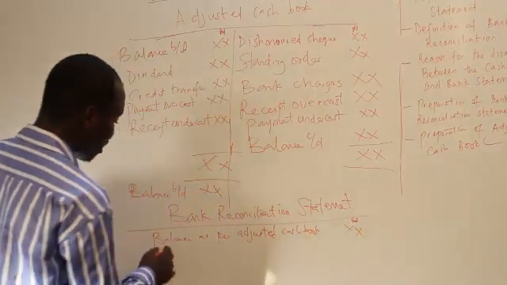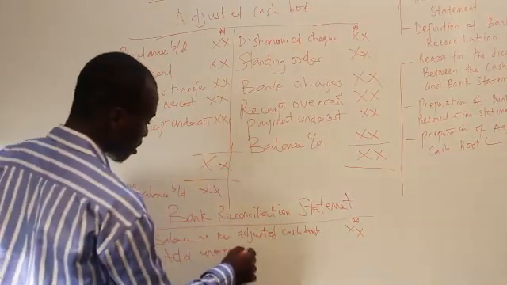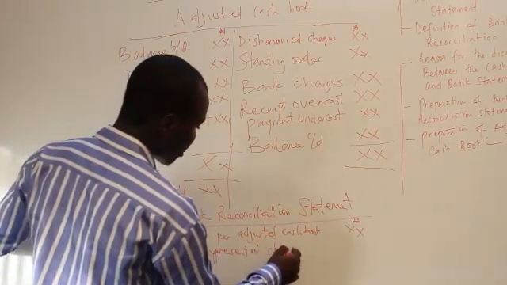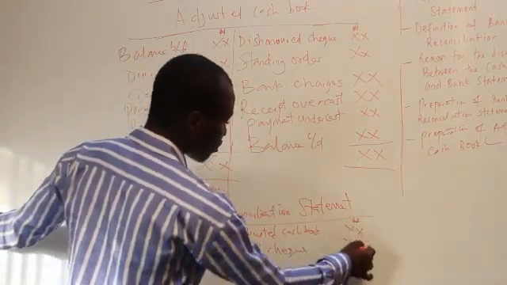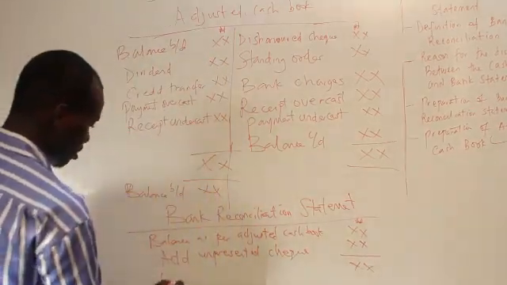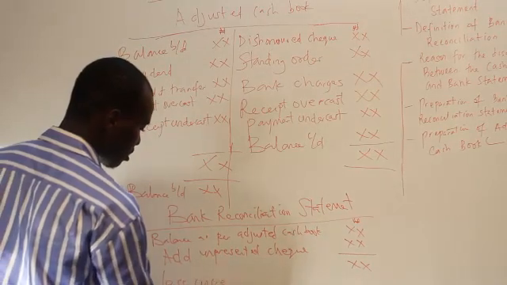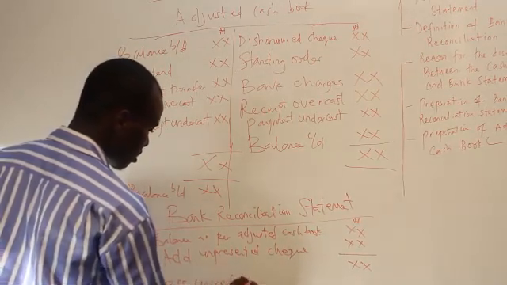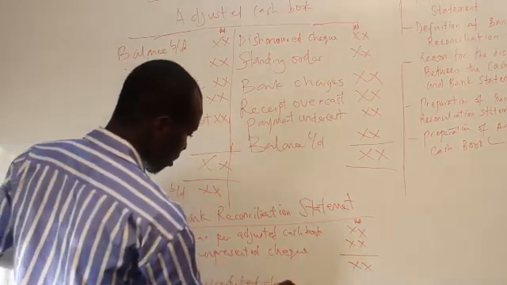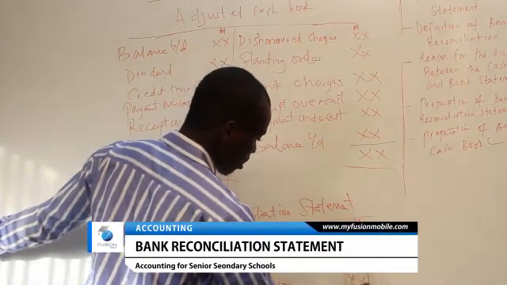We are going to add unpresented cheques generally, and then we are going to less uncredited cheques. Which is this, and that gives us this.